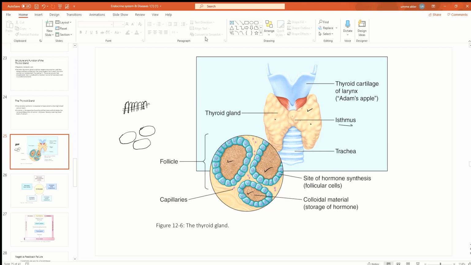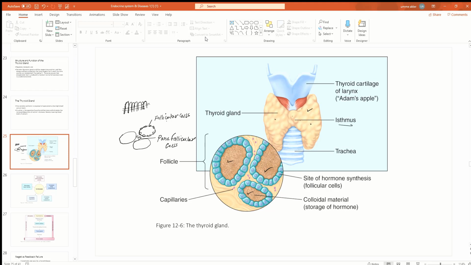And in the wall of the follicles, these are the follicular cells, and in between the follicles you have another type of cells. These are called parafollicular cells. Okay, so those are the two different types of cells.